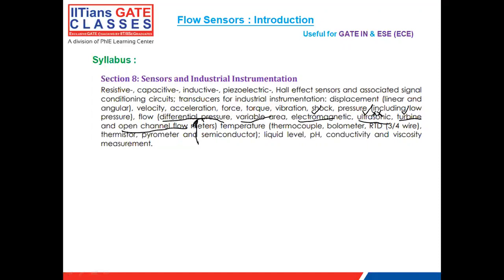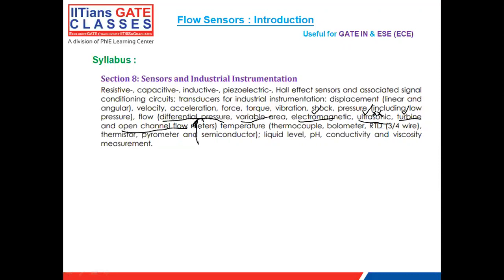As I told, ultrasonic flow meter is very important. So let's see in the previous year questions whether that is so. One thing I realized in this topic is that it is very simple. The concept is not much, so if you understand the concept, it is very easy to get full marks.